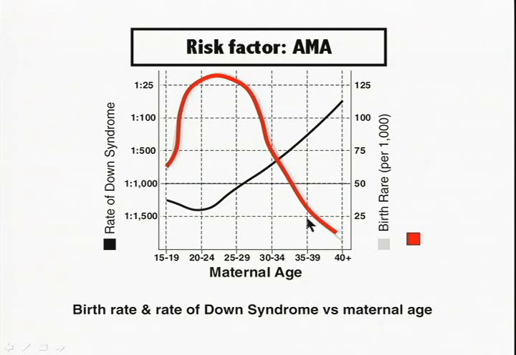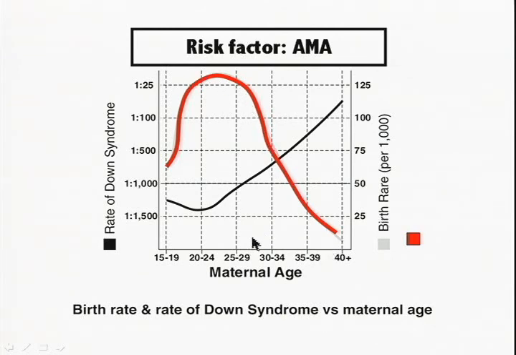Now this is in your notes, and this figure shows the risk of Down syndrome as a function of maternal age. And there are two curves. There is the black curve here, and there is the red curve, which goes over here.